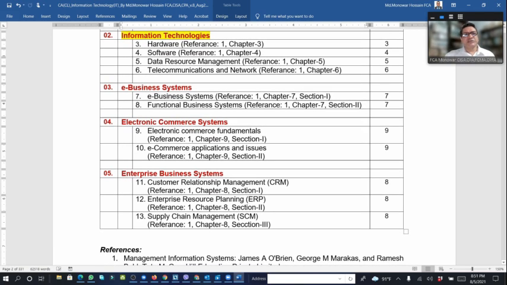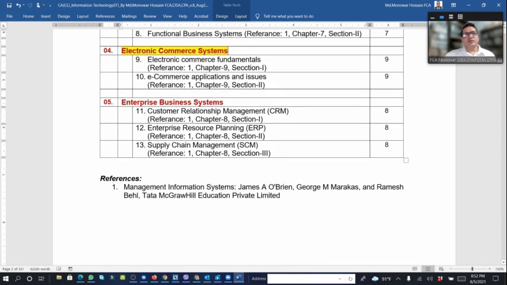If we see chapter 3, e-business systems are a vital part at this moment. So we have e-business systems and another, functional business systems. And if we see electronic commerce systems, we have electronic commerce fundamentals, e-commerce applications and issues.